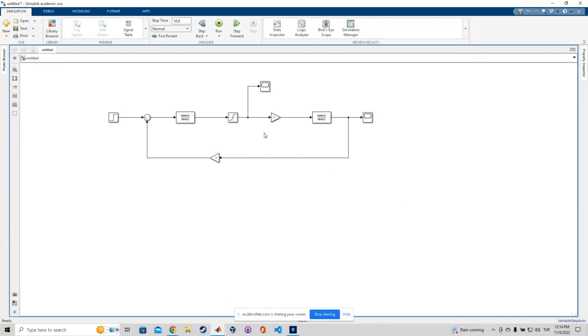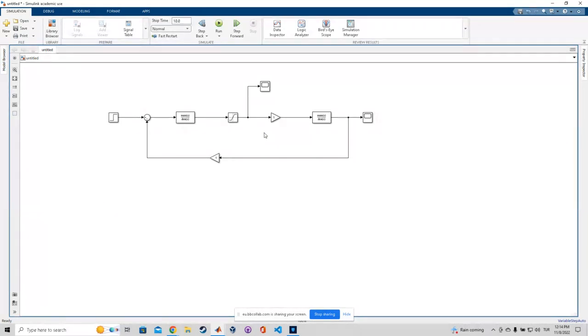And now for the gain, we're going to change the gain, but we'll start with 1, 2, 5, 10, and 100, and we're going to see the difference between them. So first, I want you guys to find the settling times as homework. In the next lab, we're going to discuss settling times.